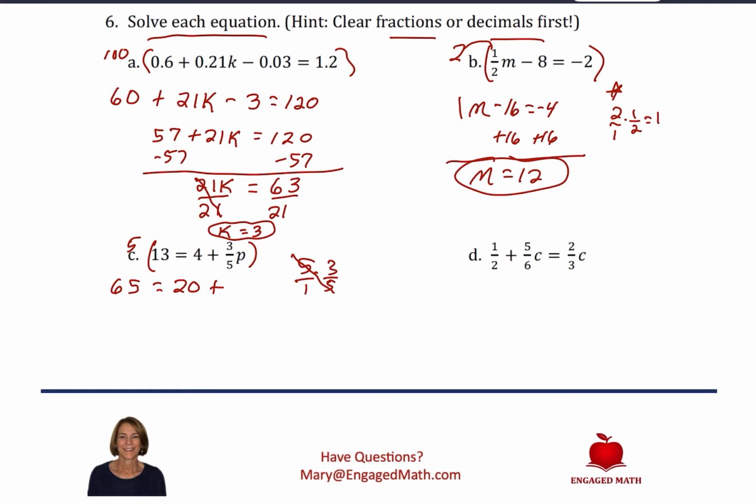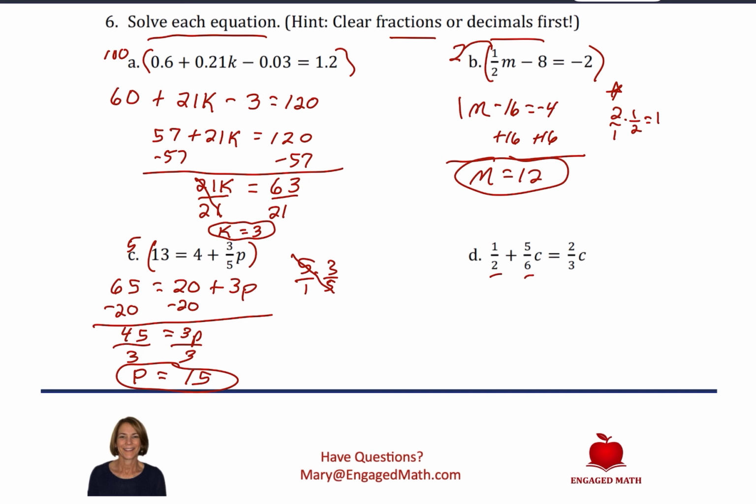You could just think of the 5s cancel, so we just get plus 3p. Now we're going to subtract 20 from both sides, and we get 45 equals 3p, divide both sides by 3, and we're going to get, I'm going to put the p on the left, but either way, p equals 15, and we are done.